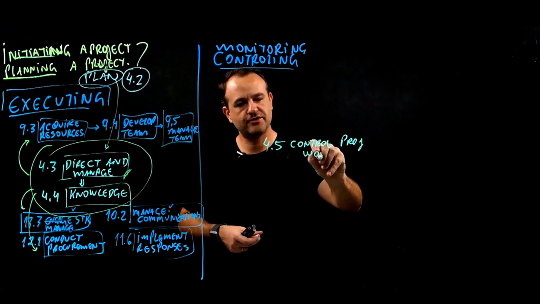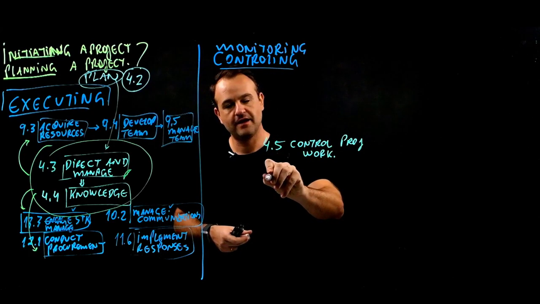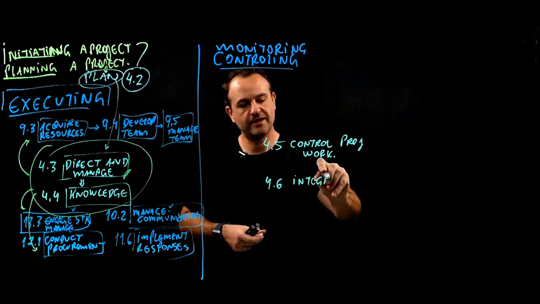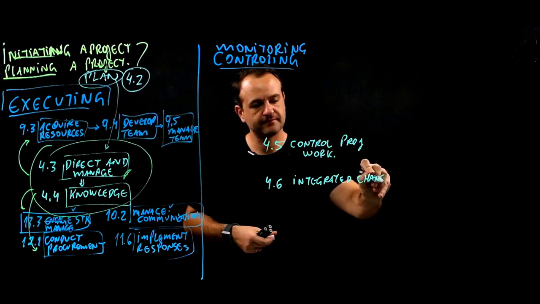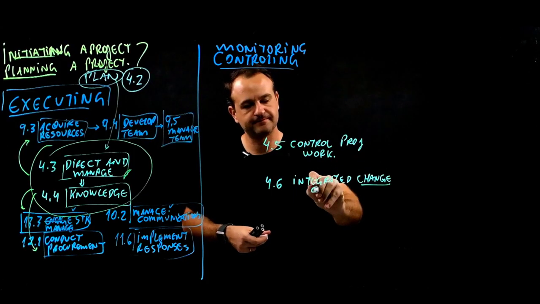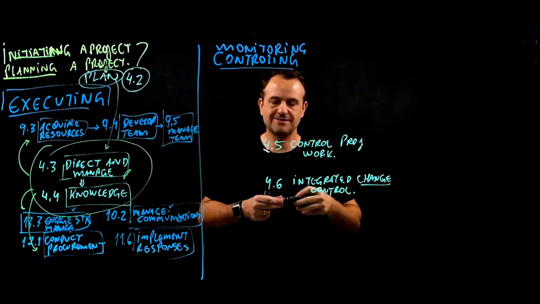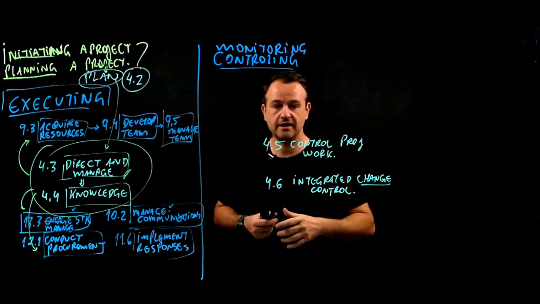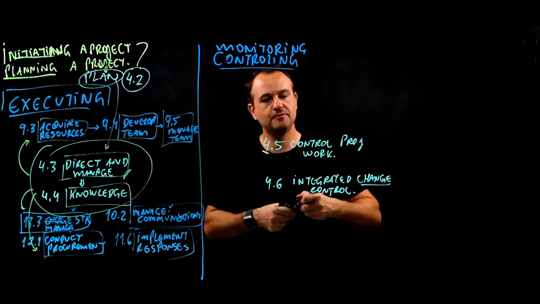This is related to performance, if I'm ahead schedule, behind schedule. And we also have another process which is integrated change control. So these are the two processes related to integration. As you can see, chapter 4, integration, control project work. This is related to performance.